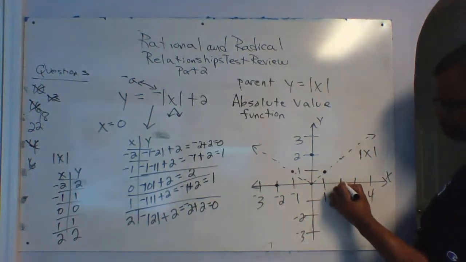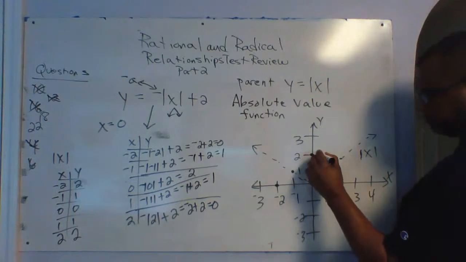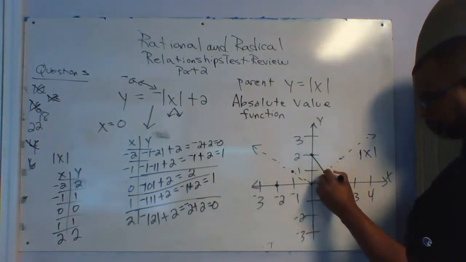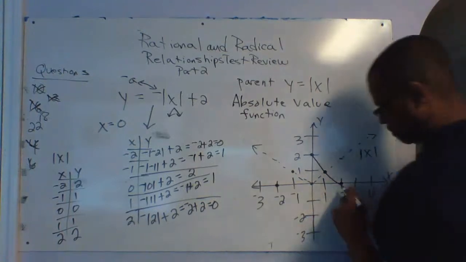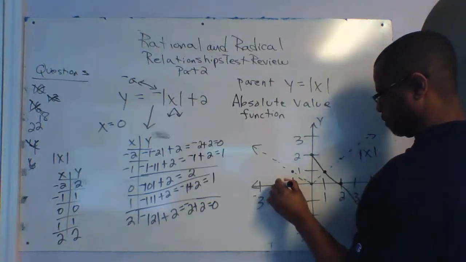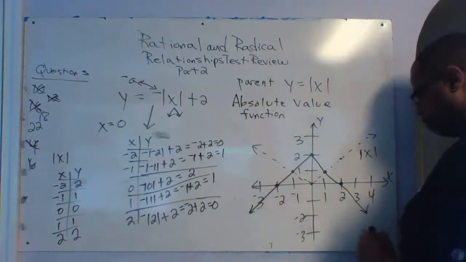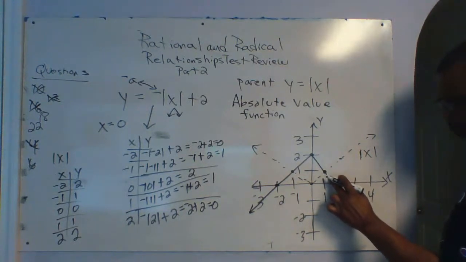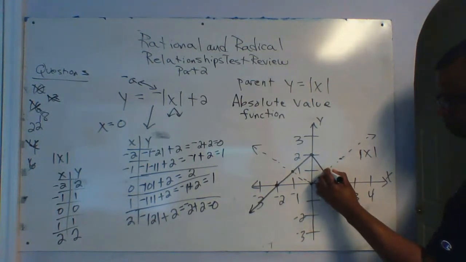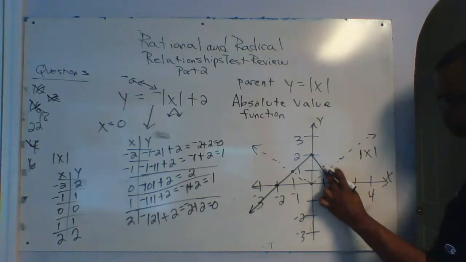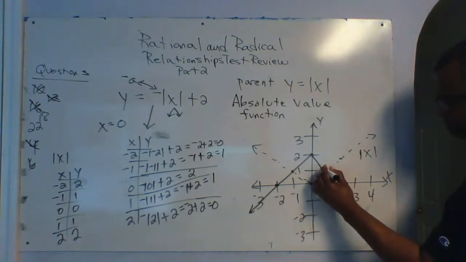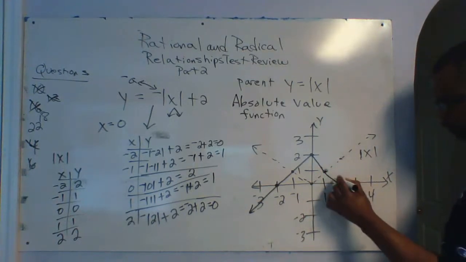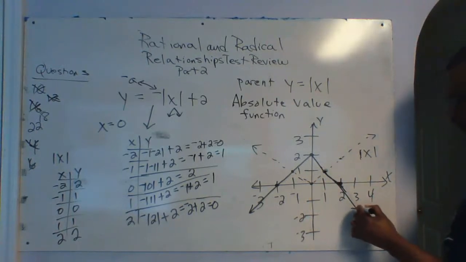And then this will give me 0. It's supposed to be a straight line.